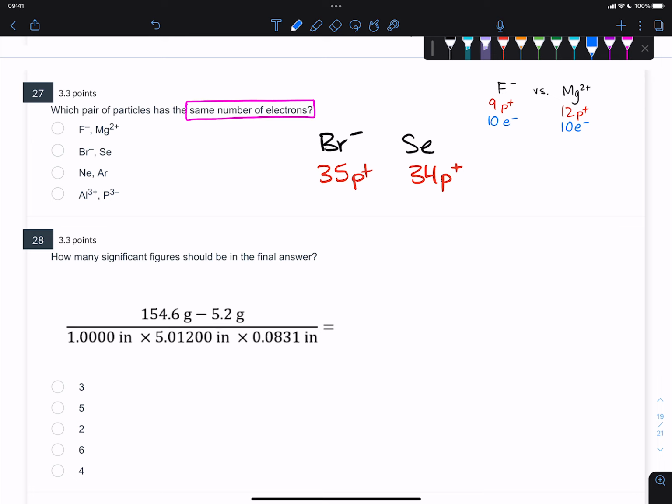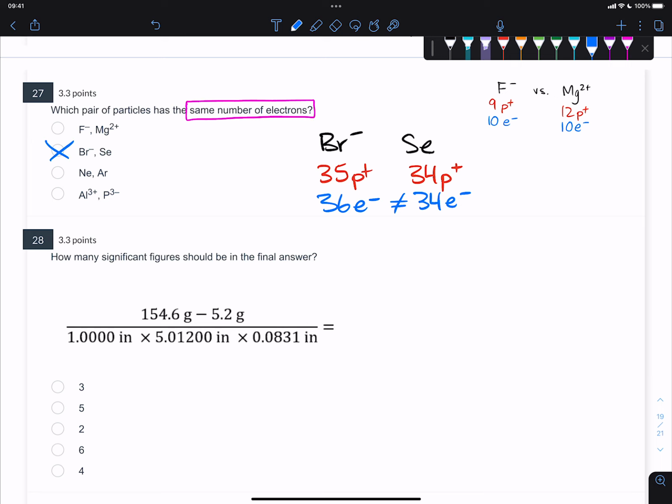Let's start with selenium, because if selenium here is neutral, notice how there's no plus or minus there, it's also going to have 34 electrons. But this bromide ion, which normally has 35 protons, has a net charge of -1, which means it gained an electron relative to the number of protons, which means it has 36 electrons. These two numbers are not equal, so that's not a good answer choice.